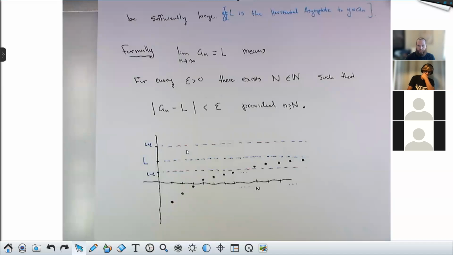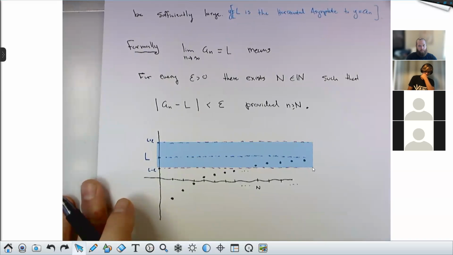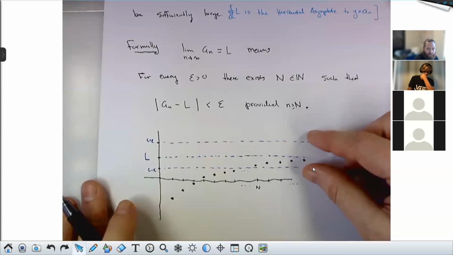So we say that the limit of a_n is L if for every window like this, right? If for every possible window, you can find a number N such that beyond that capital N, the terms of the sequence stay in the window. And the idea is you should think of these purple lines as shrinking in, as coming in like this.